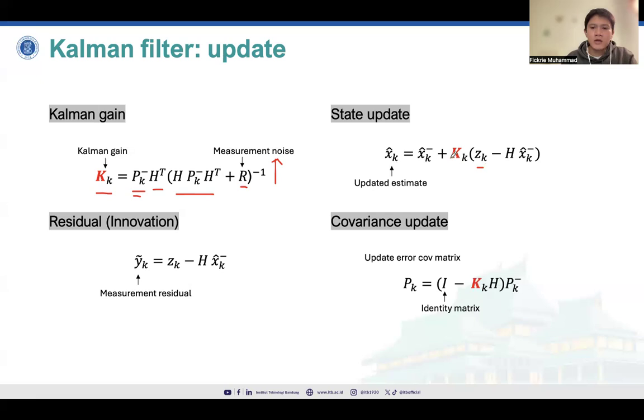And our Kalman gain will incorporate that and see how relevant the two are. It's called innovations because it indicates how much new information our current state provides about the state.